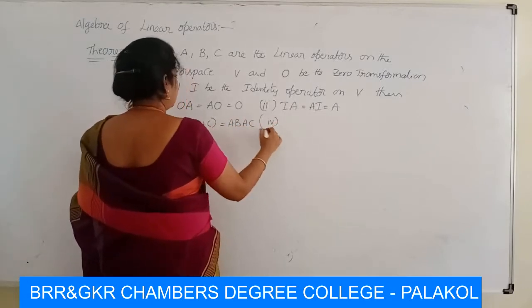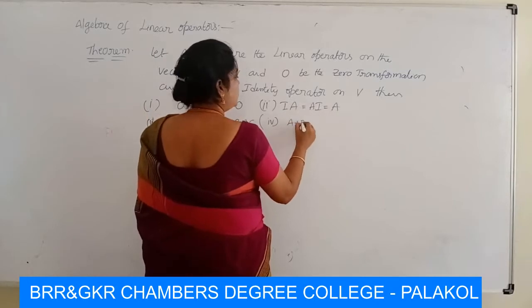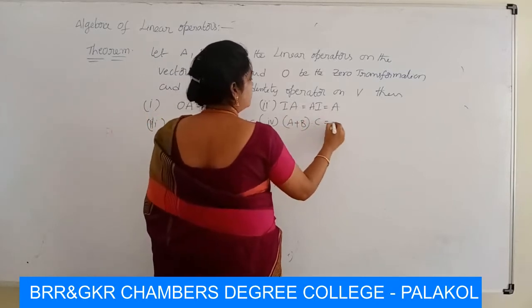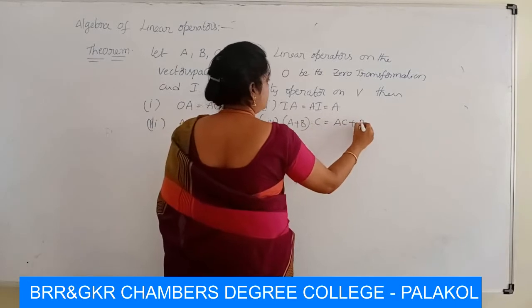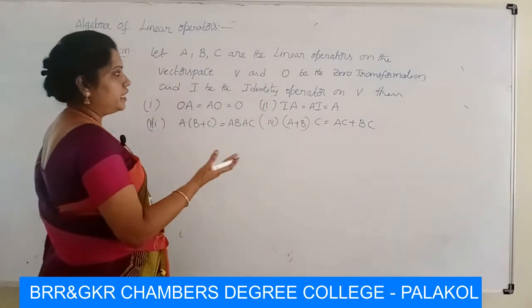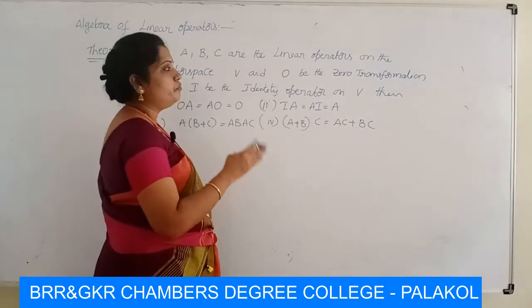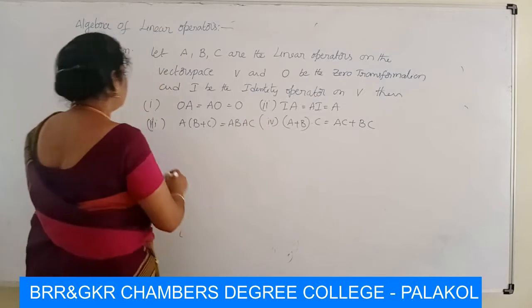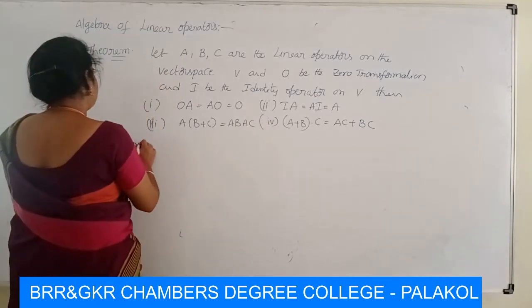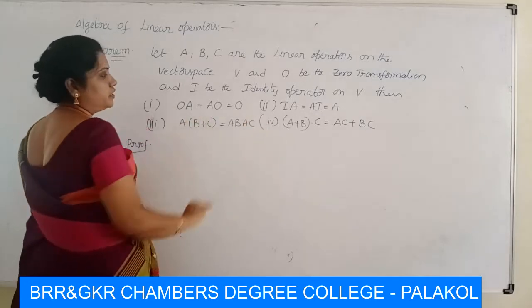And fourth one, A plus B into C is equal to AC plus BC. So A, B, C and O and I are linear operators. That means those are defined from V to V. Now we prove these four conditions.